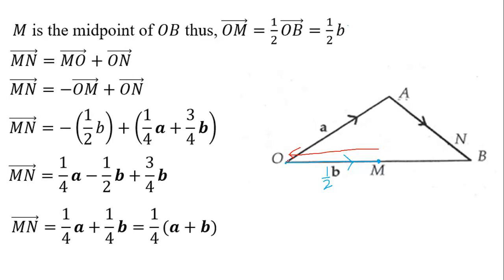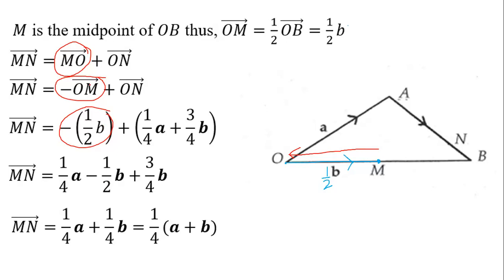So if OM is half of B, then MO is going to be negative a half of B. Indeed, MO is equal to negative OM because they're going in opposite directions. So MO equals negative OM, which is negative a half B.